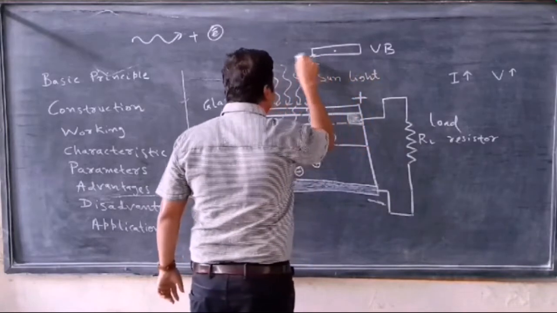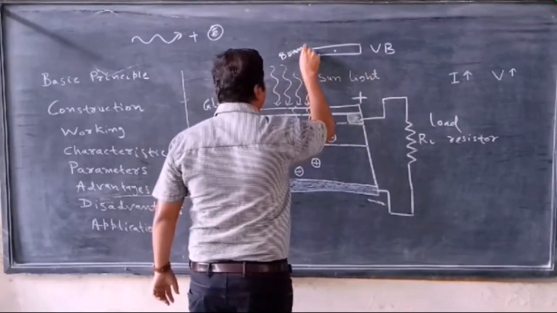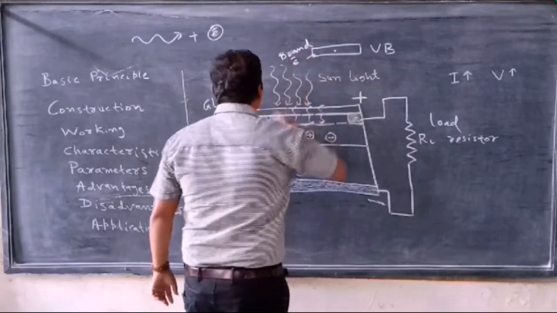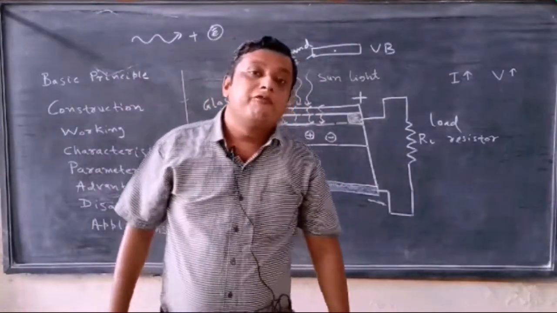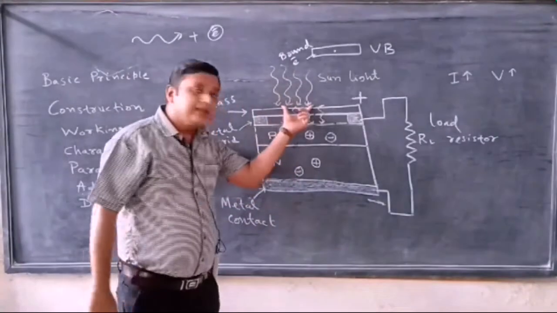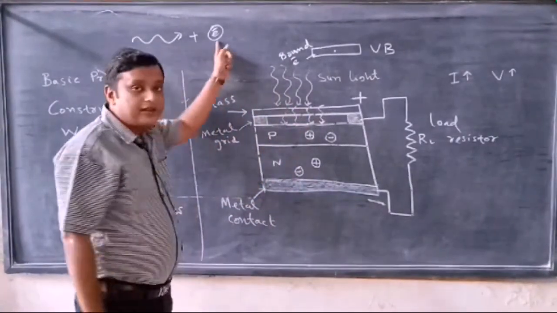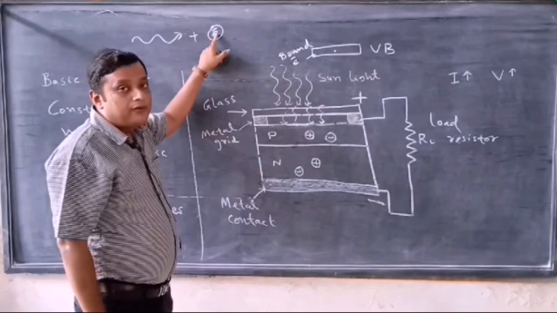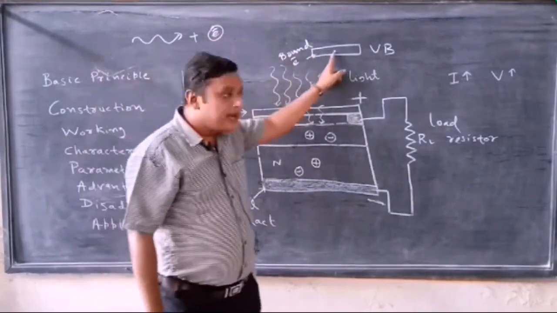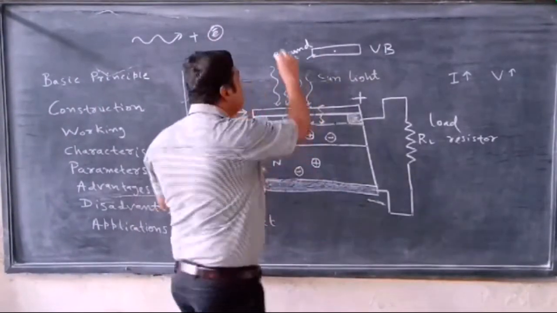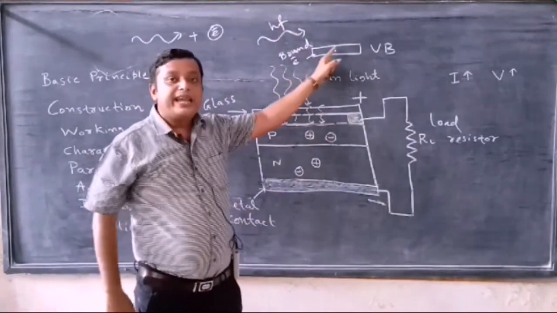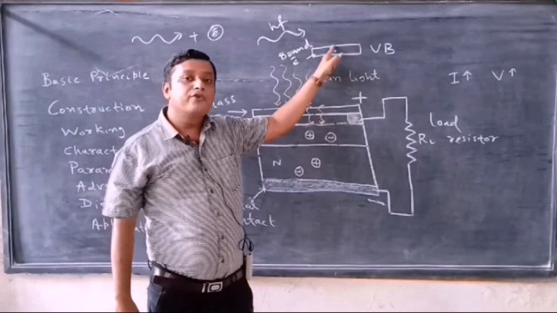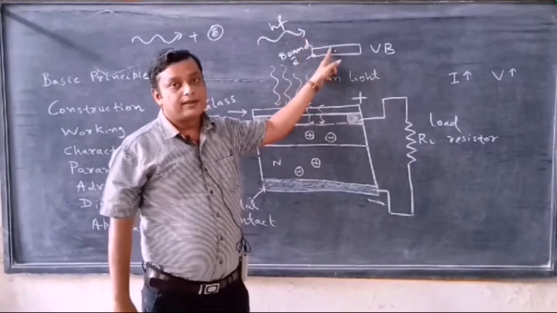This is a bound electron. Now what happens whenever photon energy, light energy, is falling onto the recombination state: the electron in the valence band absorbs the light energy.